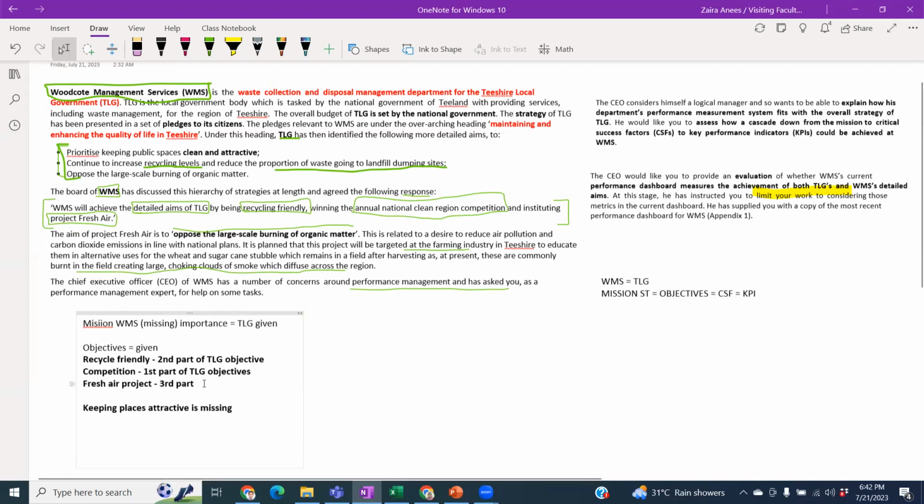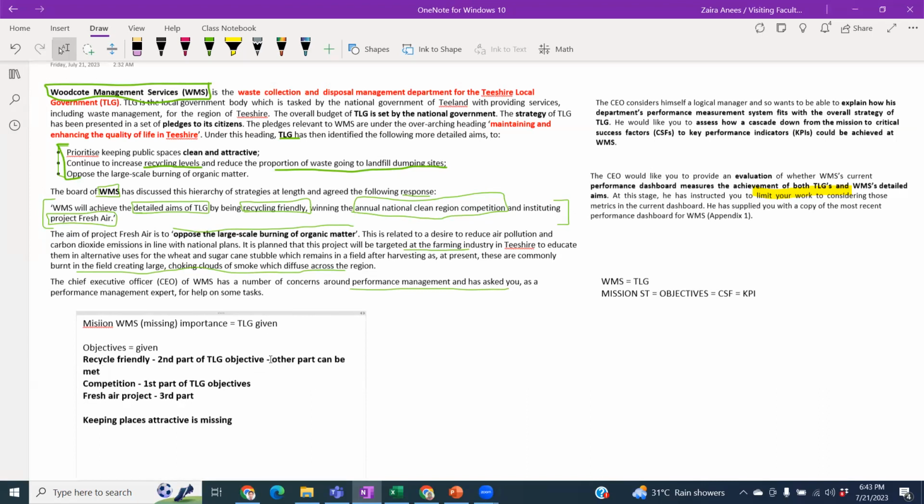Right? And if you are increasing recycling, if you are becoming recycling friendly, then obviously reducing the proportion of waste going to landfill dumping sites may also be met, right? So we can put it here in the second part. We have to explain that this other part can be met accordingly.